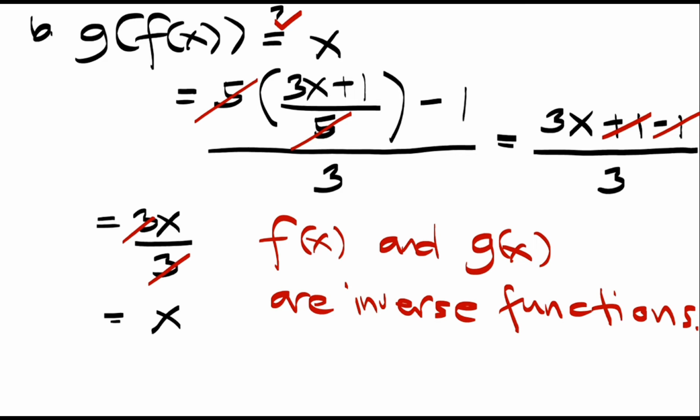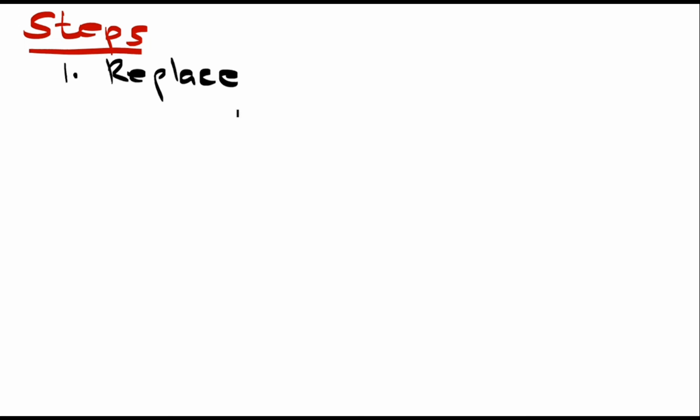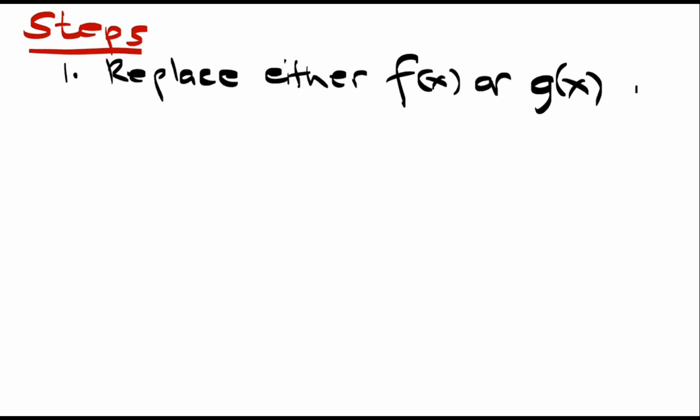But how do we find the inverse of a given function? Just follow the following steps. These are the steps in finding the inverse of a given function. Step 1, we have to replace either f of x or g of x by y.